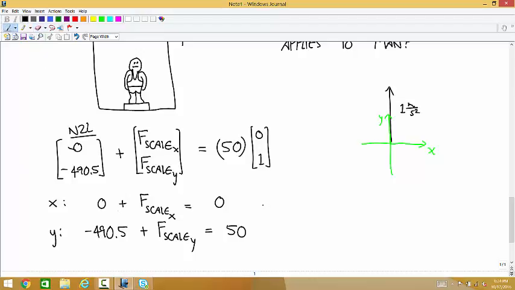If you solve the x equation, you get that F scale x is equal to 0. If you solve the y equation, you get F scale y is equal to 50 plus 490.5, so 540.5.